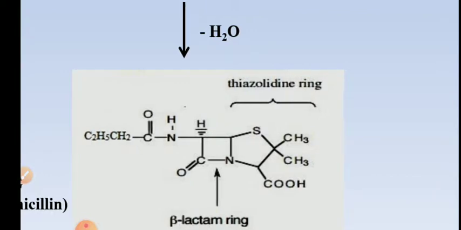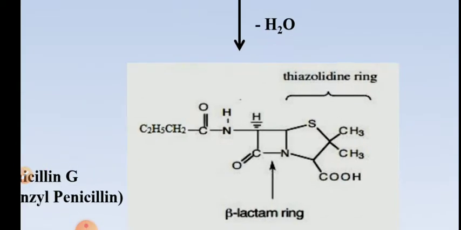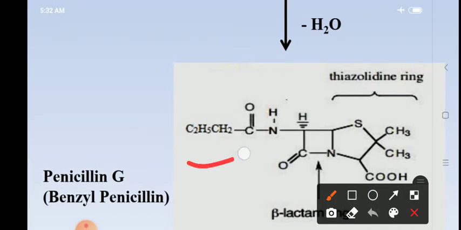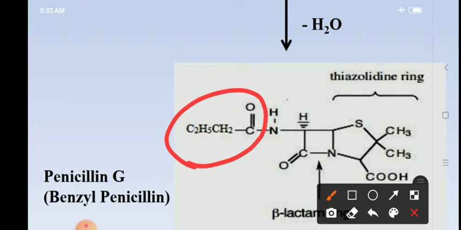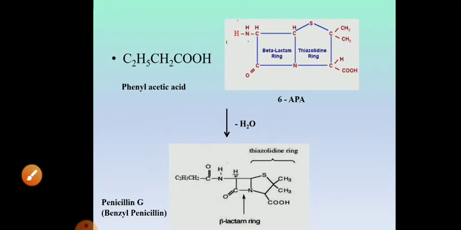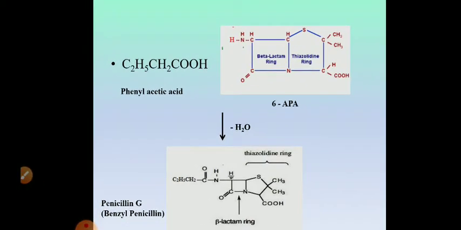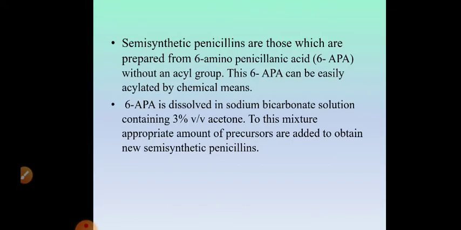This is the structure of penicillin G, where this is the side chain R. But penicillin G gives cross allergic reactions in most individuals. That is why we produced different penicillins. Semisynthetic penicillins are those produced from 6-amino penicillanic acid without an acyl group.